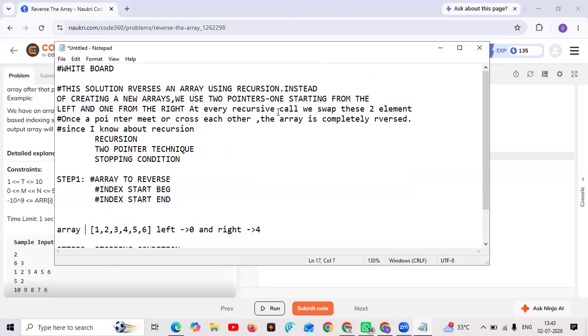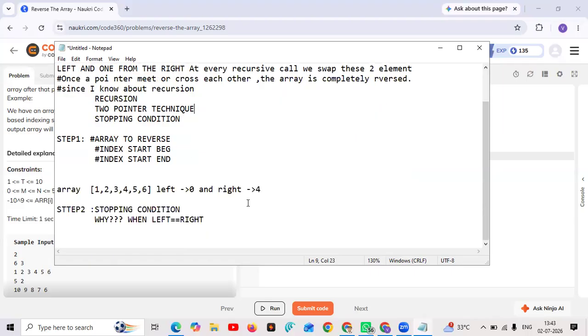It is possible that if they are moving consistently, they would meet up. For example, I'm talking about a crossing condition: in every recursive call of two elements, once the pointers cross each other, the array is completely reversed. Here we're not talking about crossing each other; we are talking about when the pointers meet each other.